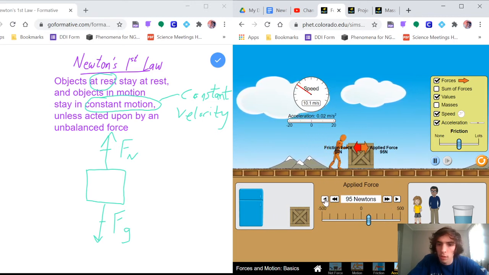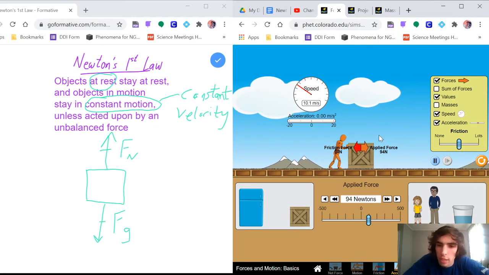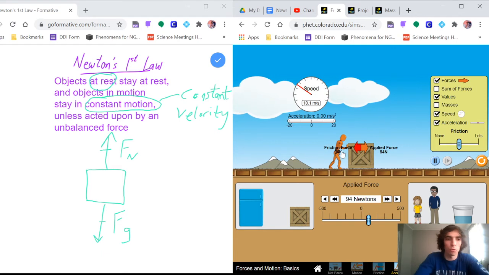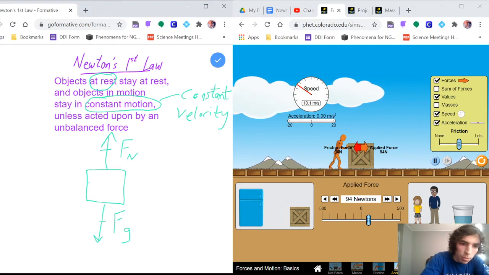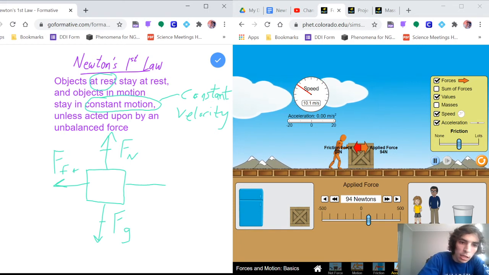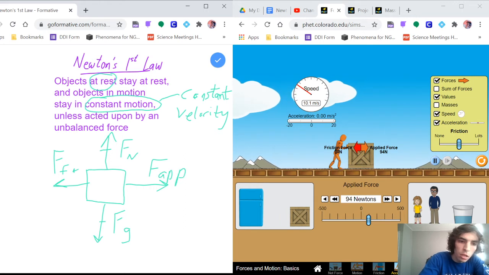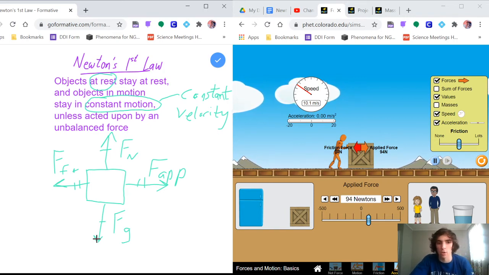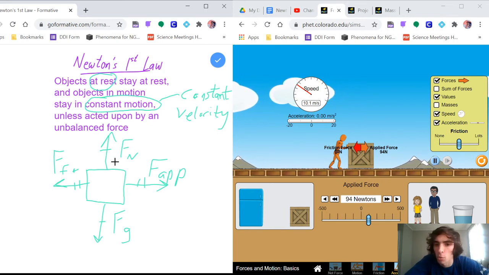And if these two forces that are acting on this object are equal, so if we have a 94 Newton friction force, and I'll add this to our free body diagram over here, we have a force of friction that is equal to this applied force going to the right. So I put 2 tick marks there again because these forces are equal to each other, but not necessarily equal to our gravity and normal forces.